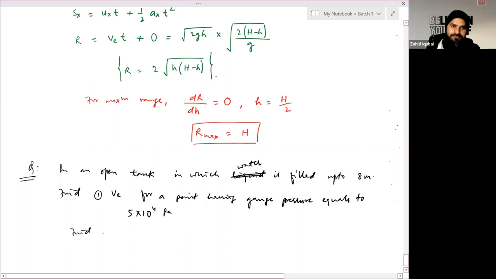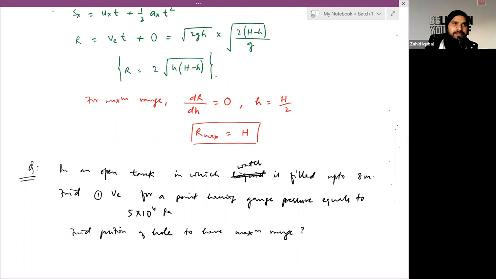Find the position of the hole to have maximum range. Just try to find.